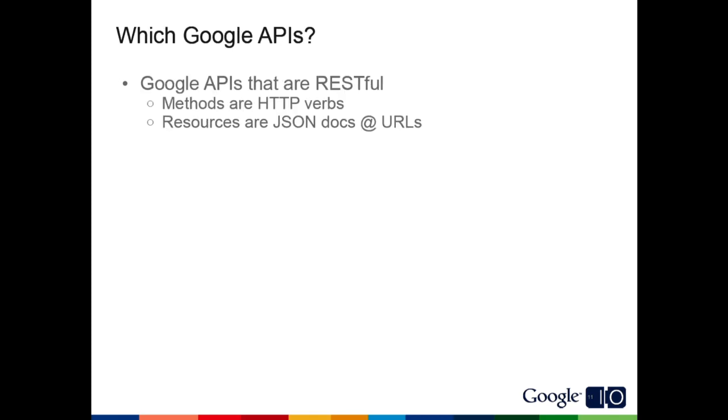I'd also like to talk a little bit about which APIs we're talking about here. At Google, we have many APIs. I've heard the number 80 bandied around. You can go to our code website and see the actual number. We're talking here about the RESTful APIs. About a year ago when we talked, most people didn't know what RESTful was, or it was still growing in importance.